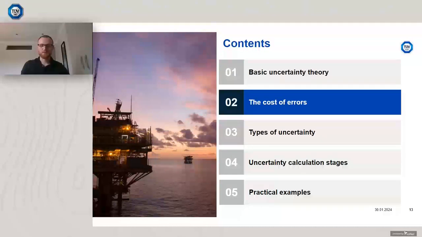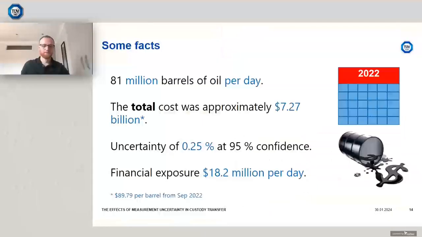So just a few examples in terms of scale and how it is important to reduce uncertainty for given processes. From 2022, there were approximately 81 million barrels of oil produced per day. If you assume $89.79 per barrel, that's approximately $7.27 billion of oil produced per day.